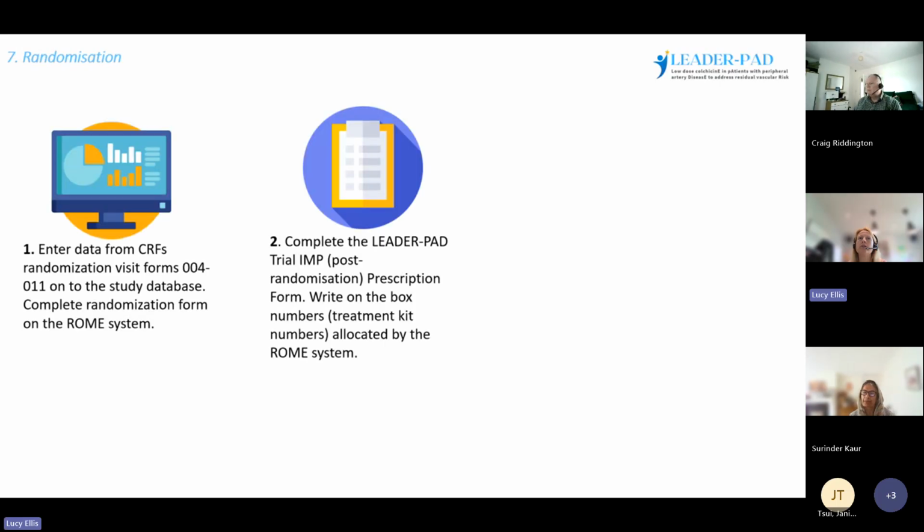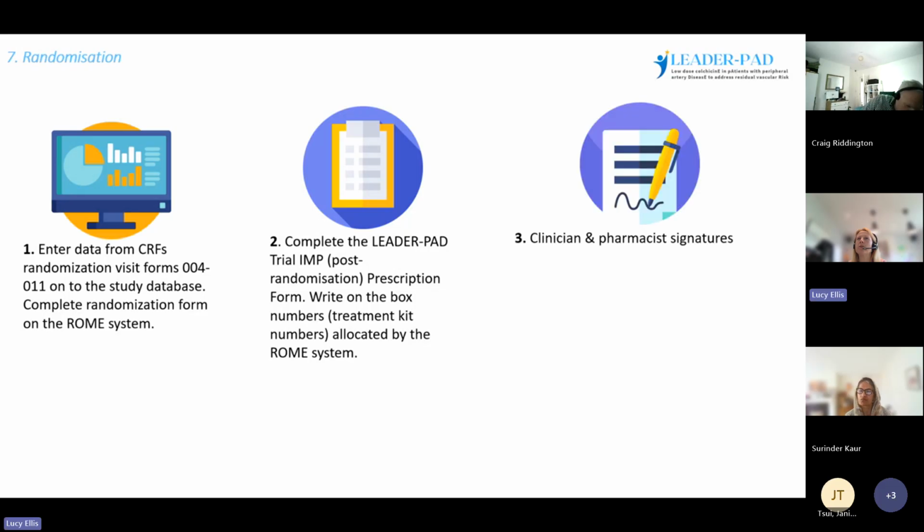So if a participant is eligible for randomization, then the following tasks need to be completed. Again, you go onto the database and enter the randomization CRFs, and you complete a randomization form in Roam, which allocates some kit numbers to you, which you then need to complete on the prescription, which then gets signed off by the study doctor and the pharmacy team.